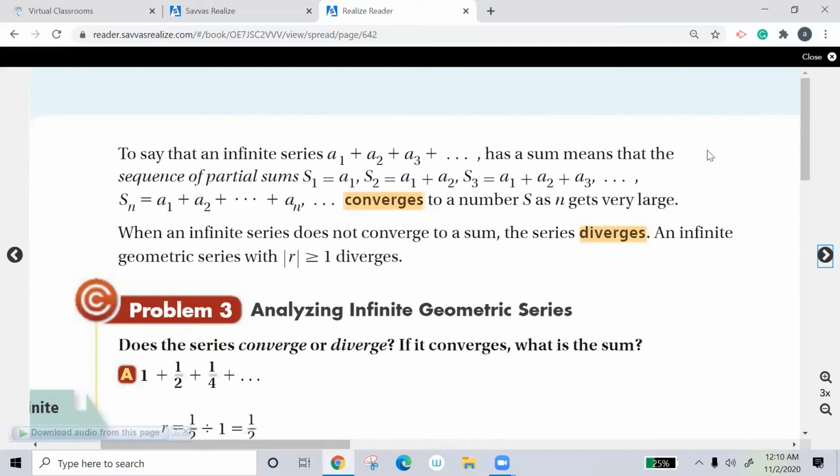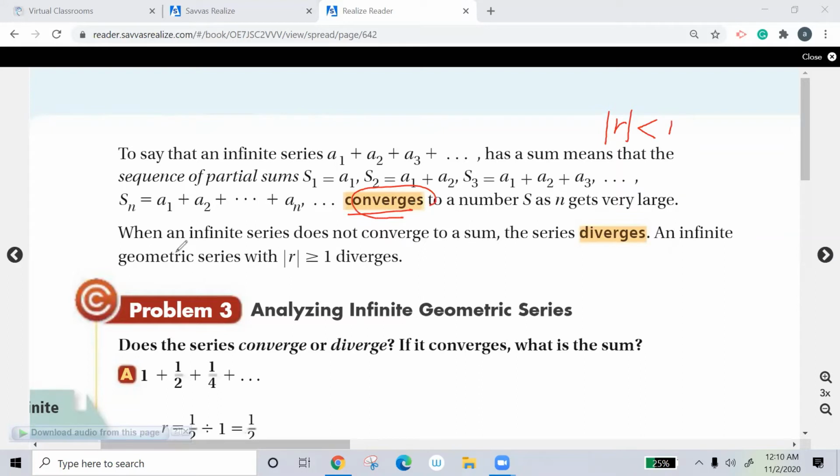It converges to a number s as n gets very large. So remember, if the absolute value of the common ratio is less than 1, it converges.